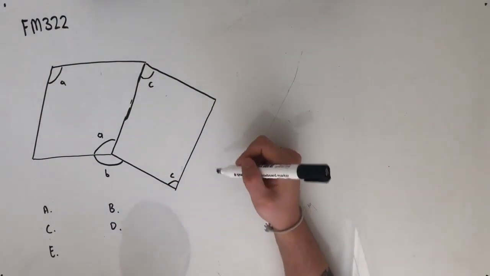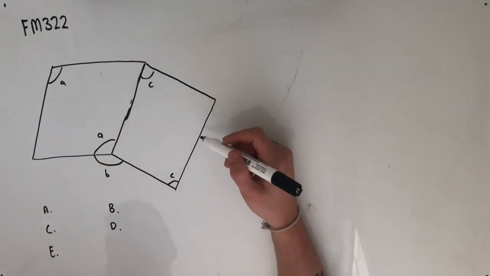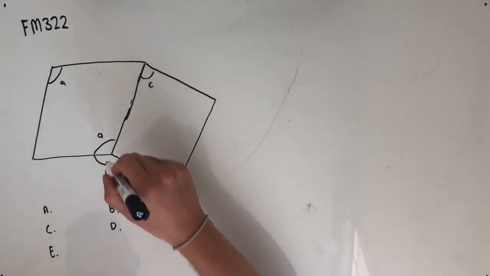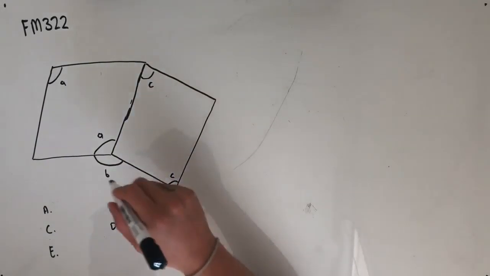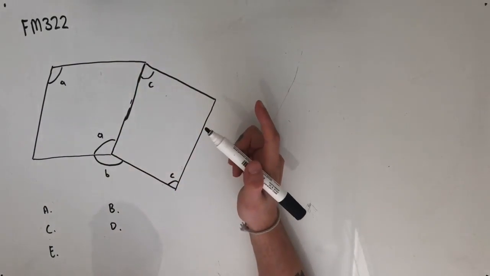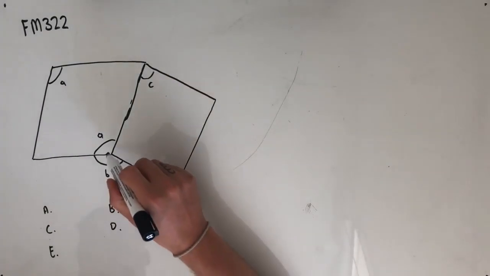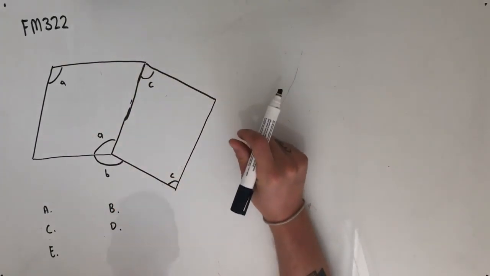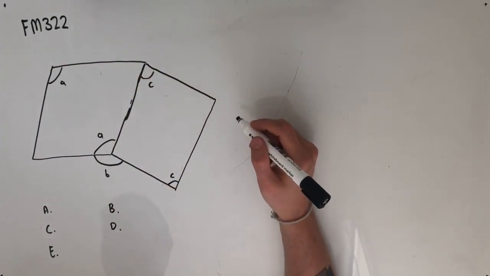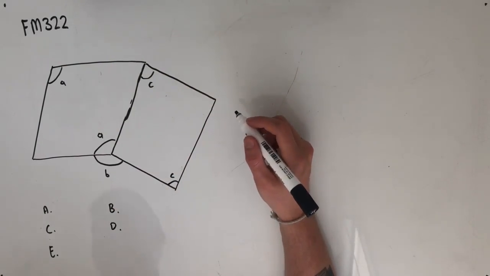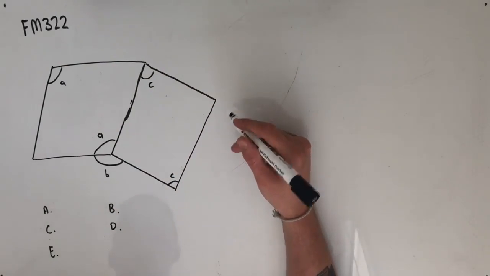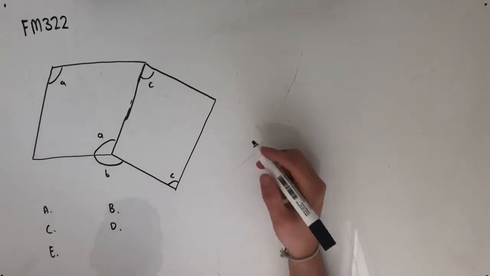The other thing we've been told is that they are similar parallelograms, which means that their angles will be the same. They may be different sizes, although looking at this, because these two side lengths match up, they're going to be the same size and effectively the same parallelogram. The only difference is they're mirror versions of one another.